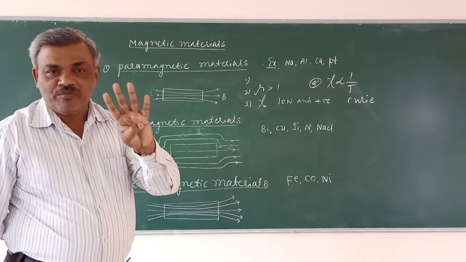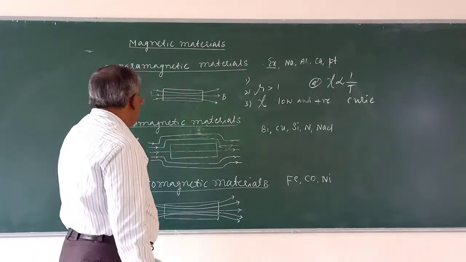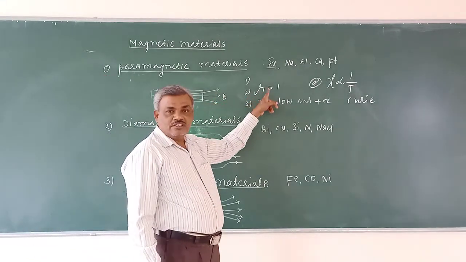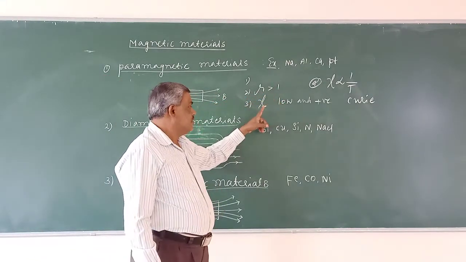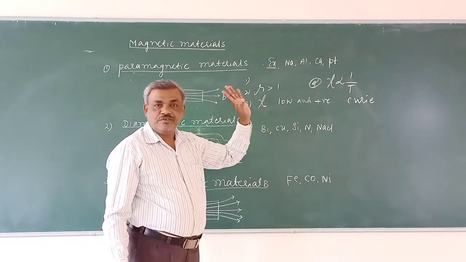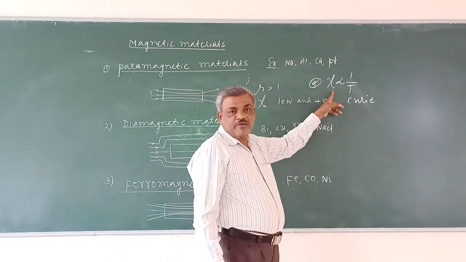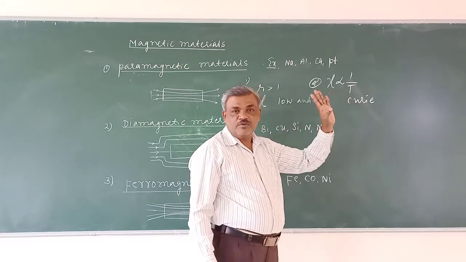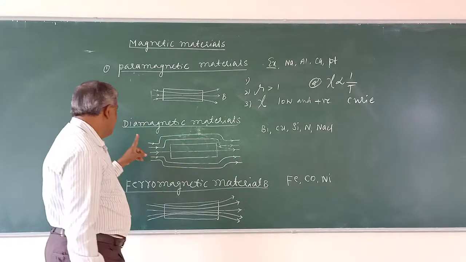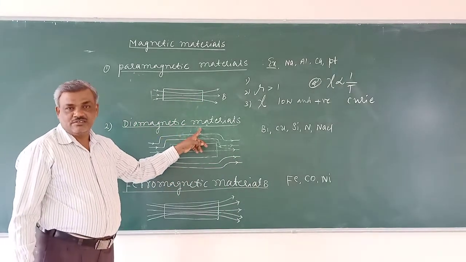These are four important properties of paramagnetic materials. So permeability slightly greater than 1, susceptibility low and positive, susceptibility inversely proportional to absolute temperature.